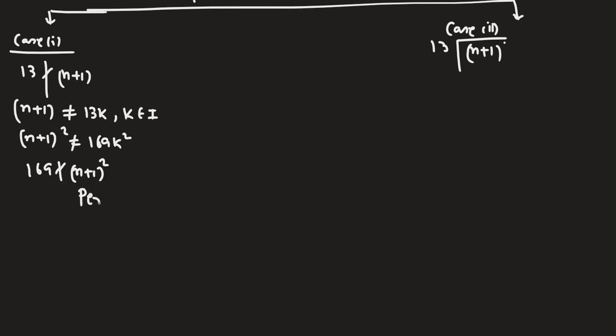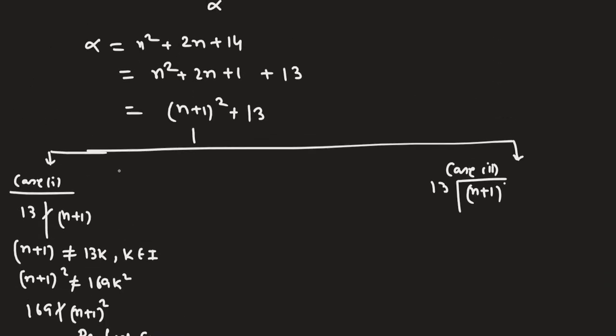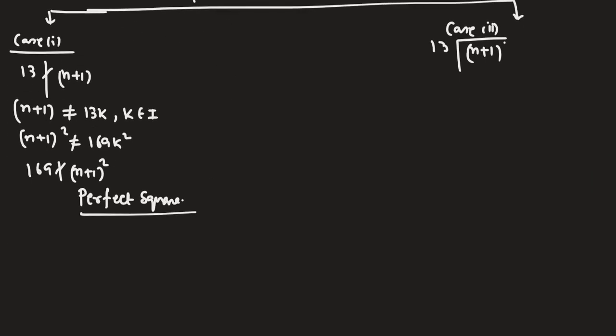Notice that perfect square number. So you are dealing with a perfect square number, and if you add something here, you see that the remainder is 13. And if you add the number 13, the expression may be a perfect square, may not be a perfect square.